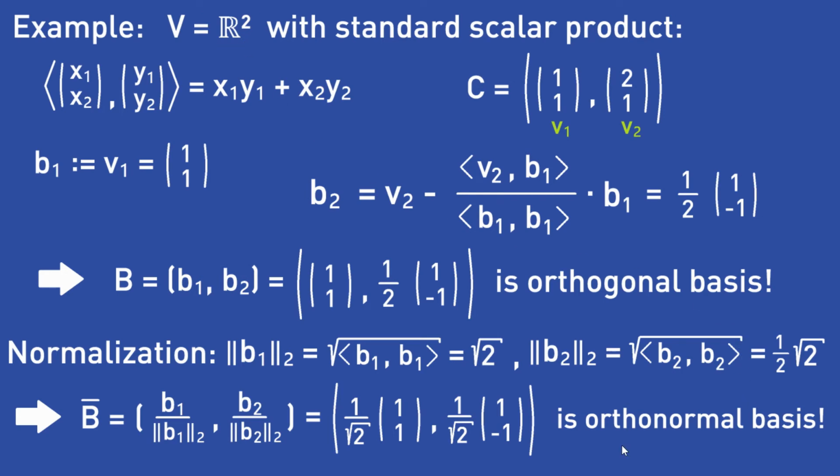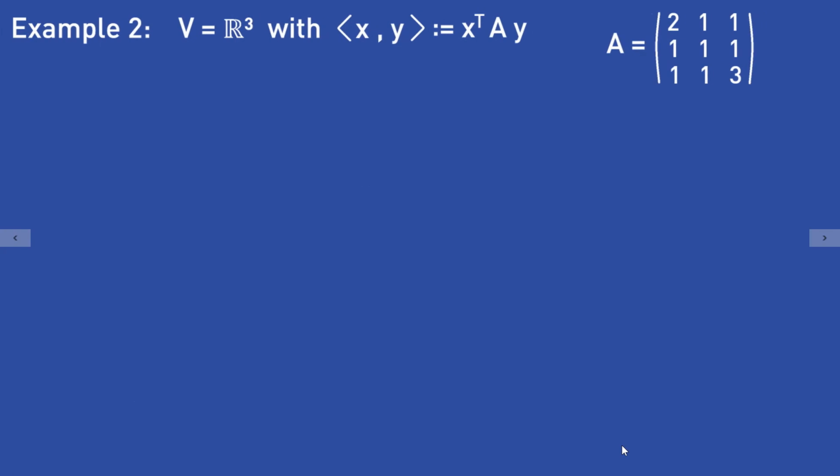Let's take a look at something more difficult. Let V be R3 with the following scalar product. So the scalar product of x and y is equal to x transposed times A times y, where A is the following matrix. You have to find an orthogonal basis B of R3 with respect to that particular scalar product here.